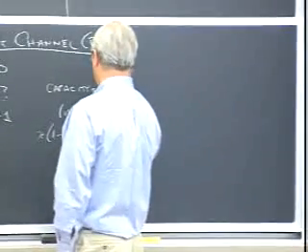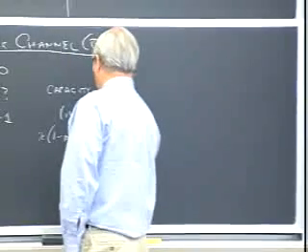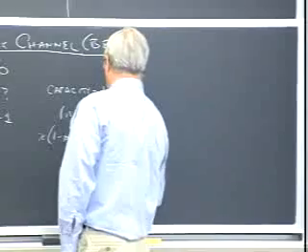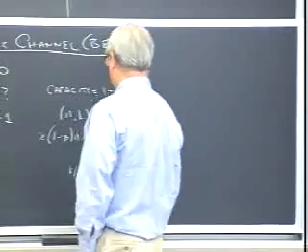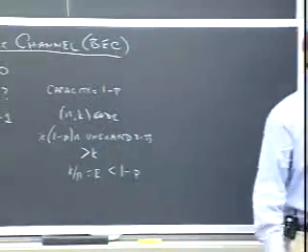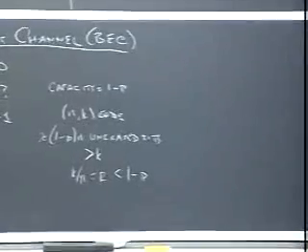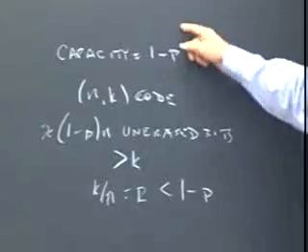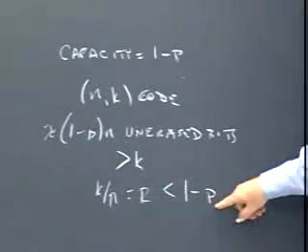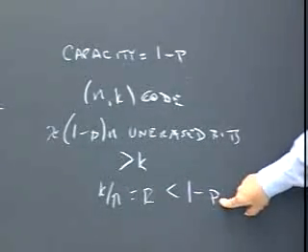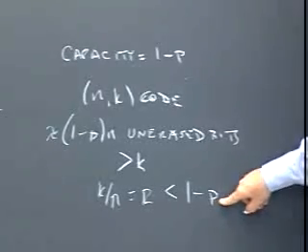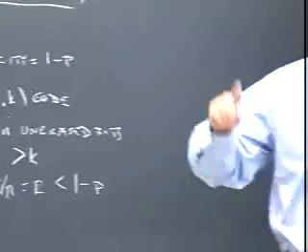This says that k over n, which is the code rate, has to be less than 1 minus p in order for this maximum likelihood decoding to work with the linear code over the binary erasure channel. And that is consistent with this. If the rate is less than 1 minus p, then with very high probability, you're going to be successful. If it's greater than 1 minus p, no chance as n becomes long.